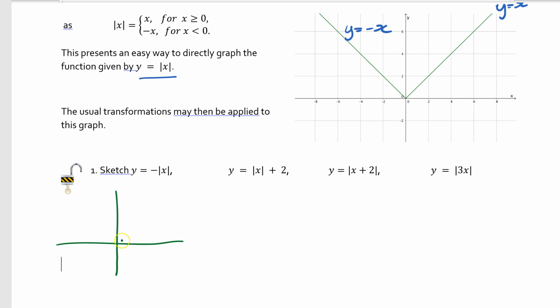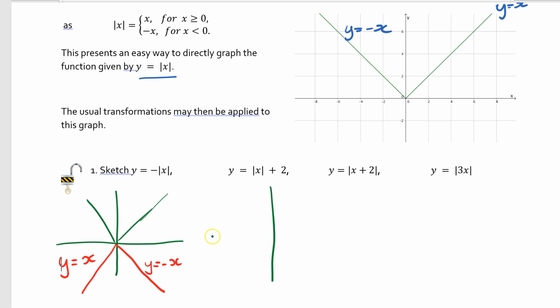So if mod of x is up here, I'll draw it in green first, this is where mod of x is, then minus mod of x, I'll change color, is going to be that curve reflected in the axis here. And for what it's worth, the equation of this line will now be y equals -x, and the equation of this one will now be y equals +x over those domains.